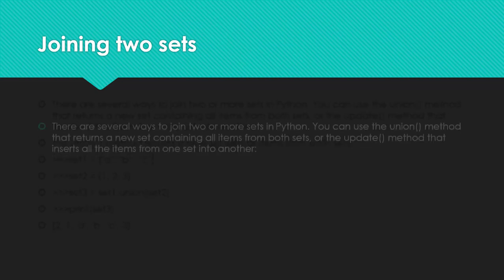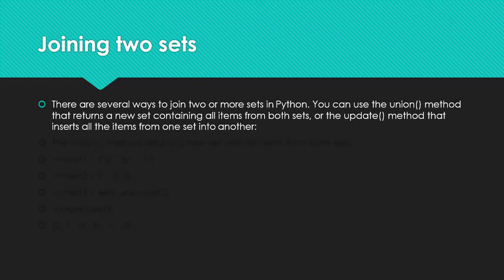Now comes the main topic of today's video, the most important topic, which is how to join two sets. There are several ways to join two or more sets in Python. You can use the union method that returns a new set containing all the items of both sets. This union method is basically similar to the union of sets in algebra.